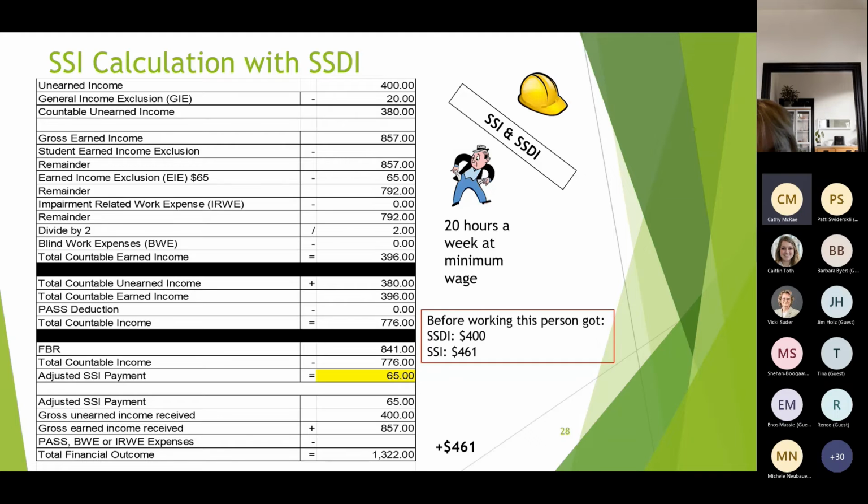So before working, this person received $861 in total benefits. But after working, this person now has a total financial outcome of $1,322. So even though their SSI check has been reduced to $65, they're still ending up $461 ahead.